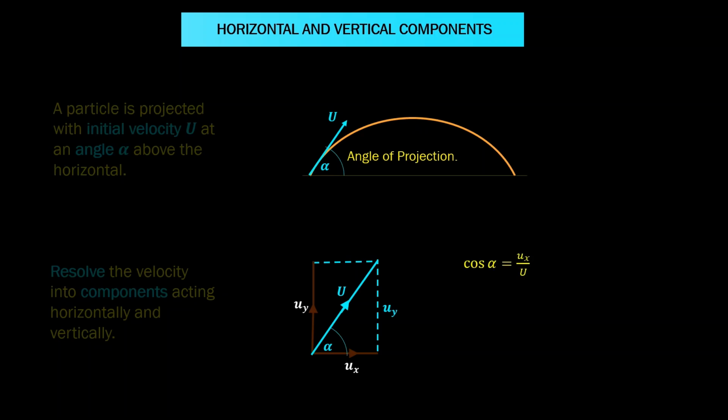So cos alpha equals ux over u, and sine alpha equals uy over u.